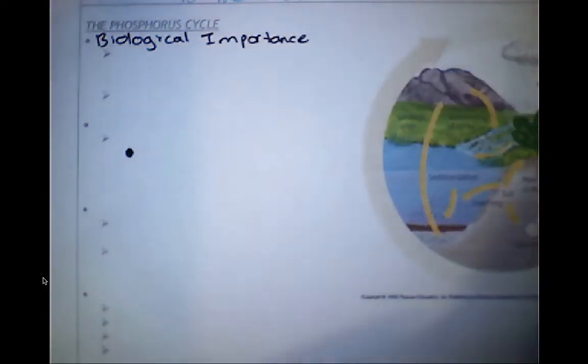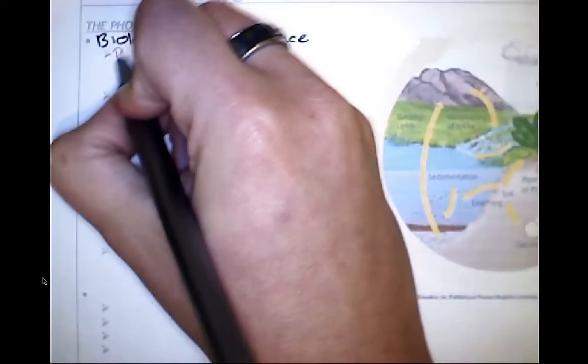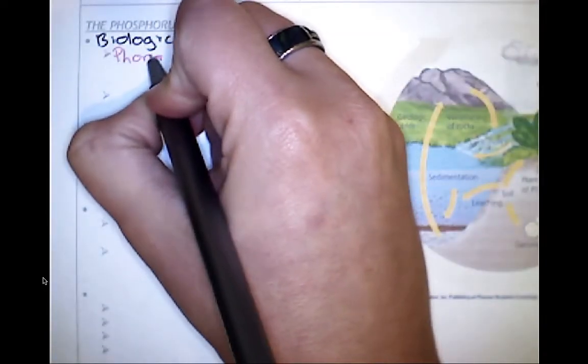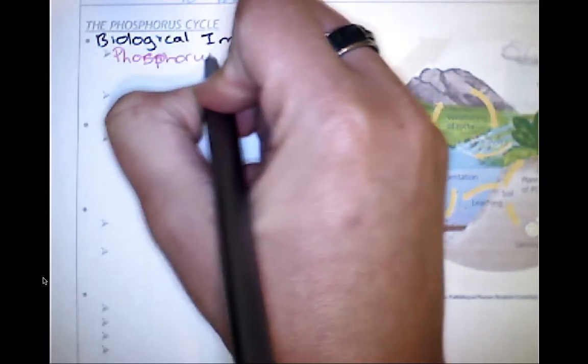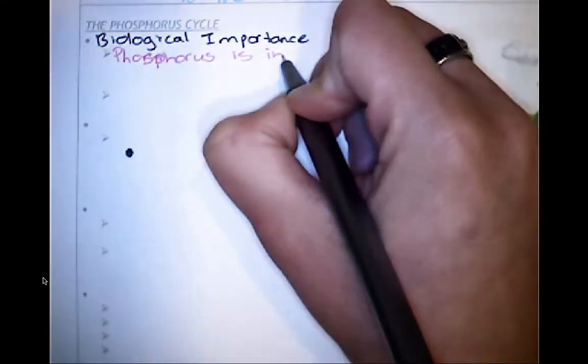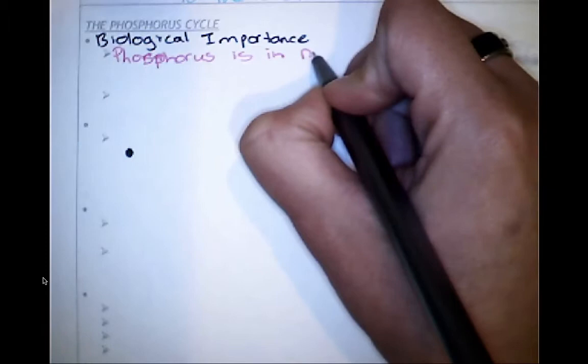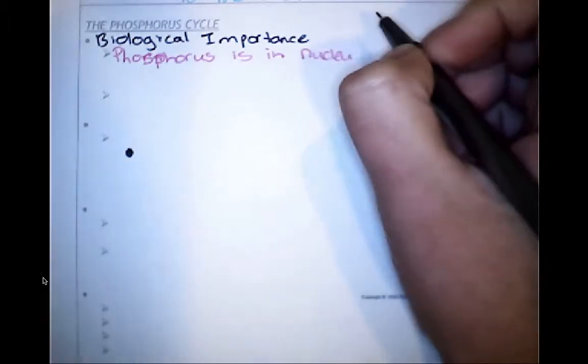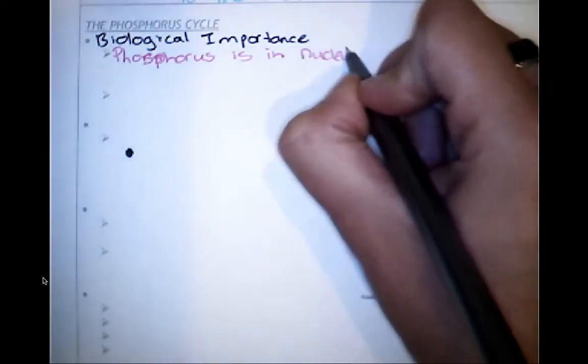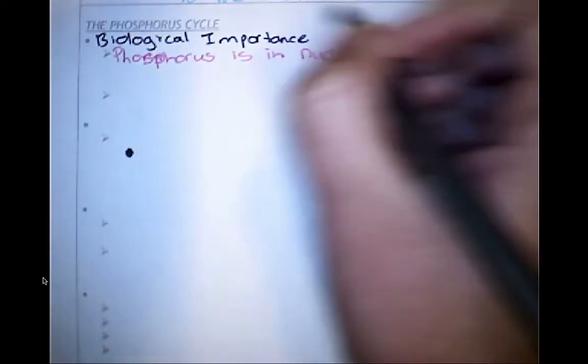Okay, so for its biological importance, phosphorus is in nucleic acids. So it's in your DNA, okay? So you need it for that. Sort of important for life, I would say.